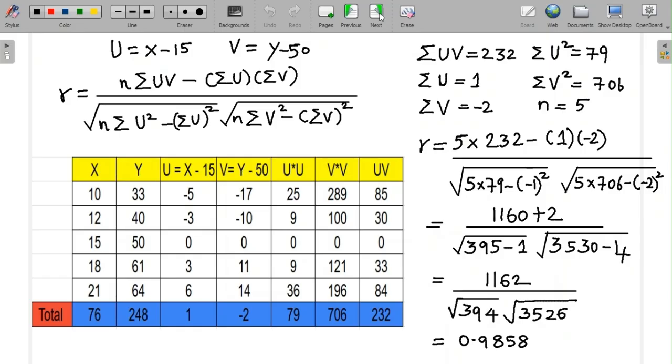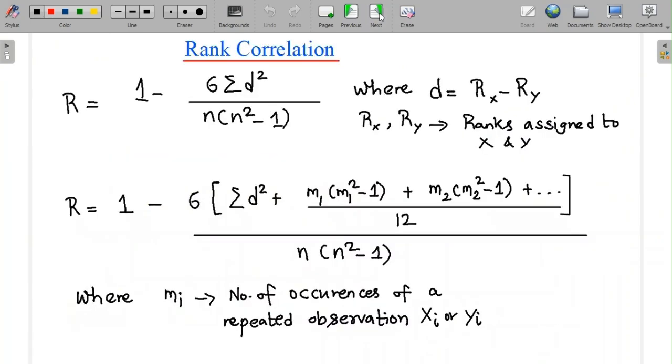But since the averages of x and y were not integers, we chose numbers that are closer to the averages. So we picked 15 as the deviation point for x and 50 for the deviation point for y, and we got the answer. So this one method is enough to give us the answer as 0.9858.